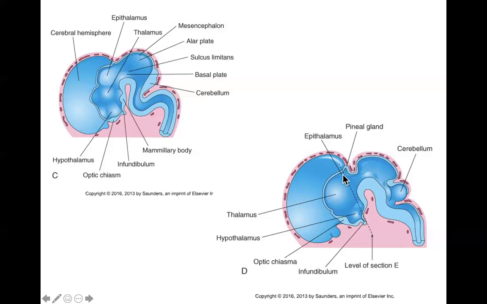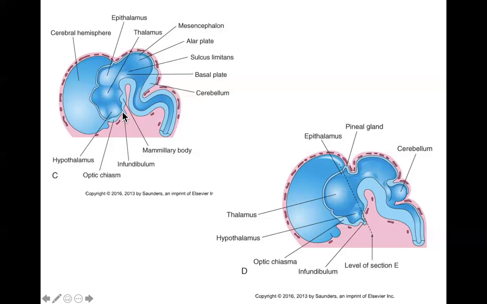Another thing you'll notice already forming during week 7 is this little diverticulum down here. This little diverticulum is called the infundibulum. This is coming out of the hypothalamus. He starts forming actually as soon as the embryo begins to fold, and this is going to ultimately become the neurohypophysis, otherwise known as the posterior lobe of the pituitary gland.